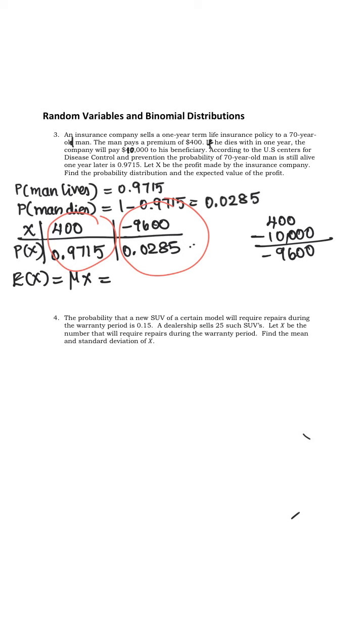So if you multiply these together, 400 times 0.9715, since it is a positive value, the expected gain for insurance company is 115.